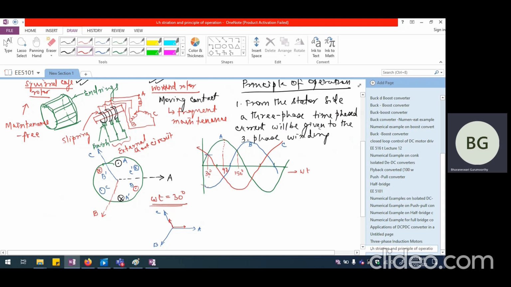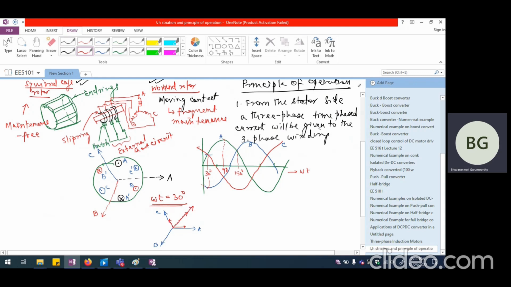But at that point, B phase is at its maximum or peak, but in the negative direction. So I should take the B phase in this direction, and draw it twice the magnitude of this. So the resultant is going to be along this.